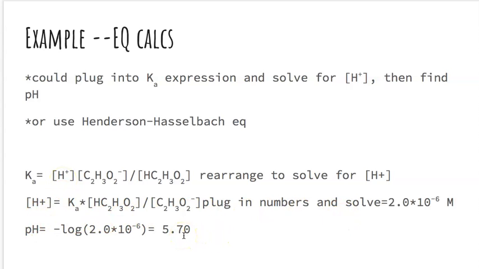Or you could say pH equals pKa plus log of your A- over your HA. Either way, you're going to end up with 5.7. Now, you may say, well, Mr. Kopnick, we didn't really do the equilibrium there because we didn't really draw an ice table. Yeah, we didn't need to because that Henderson-Hasselbalch equation takes care of it for us. It's just simpler that way.